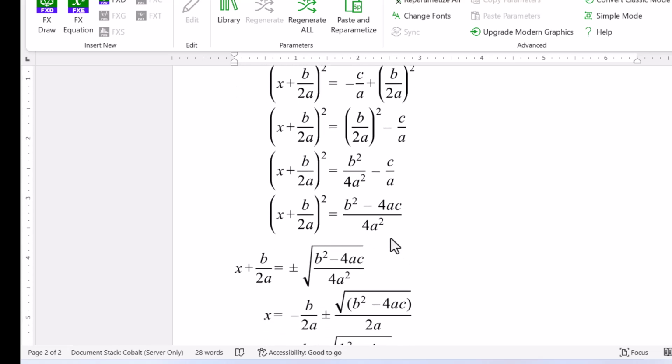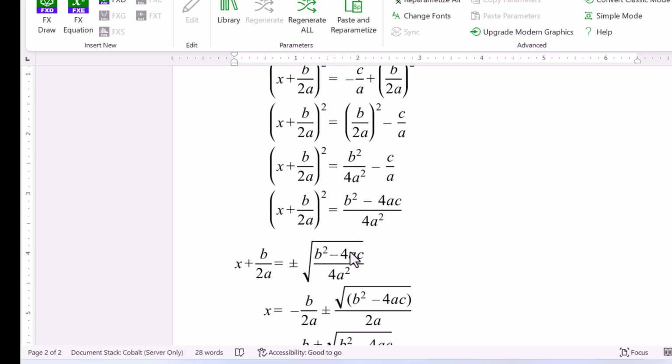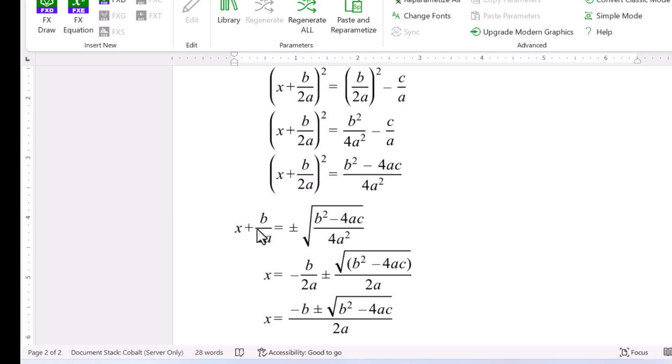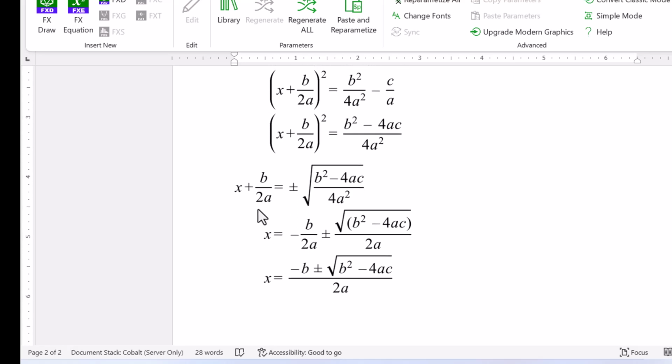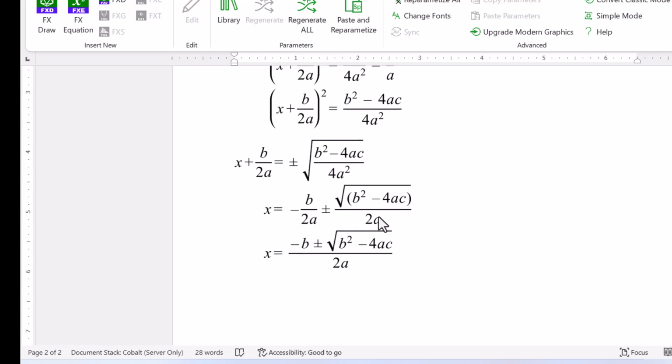Now finding the square root of both sides by removing the square, I have x plus b over 2a. So this square now becomes a square root. Because we are expecting two solutions, I need to write plus or minus. Now taking plus b over 2a to this side, I have minus b over 2a plus or minus the square root of b squared minus 4ac over 2a.